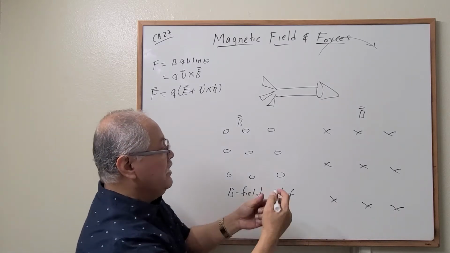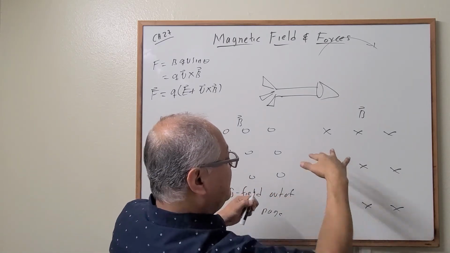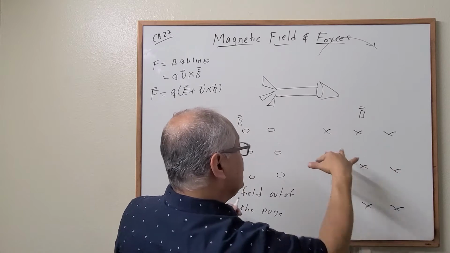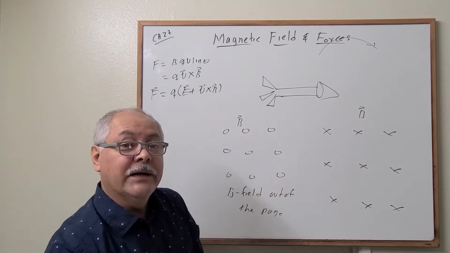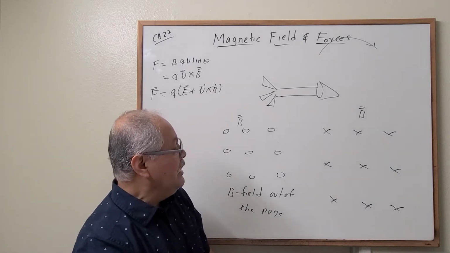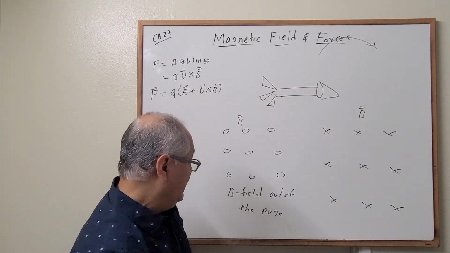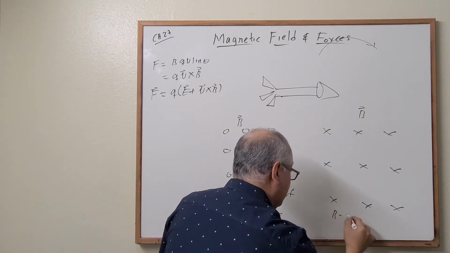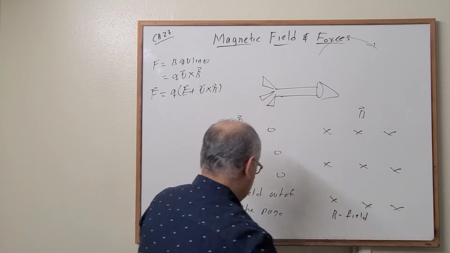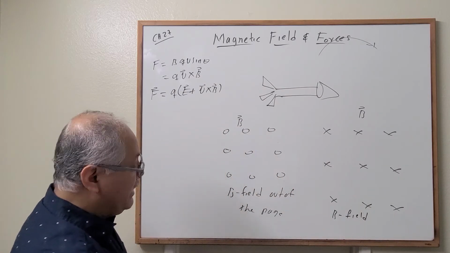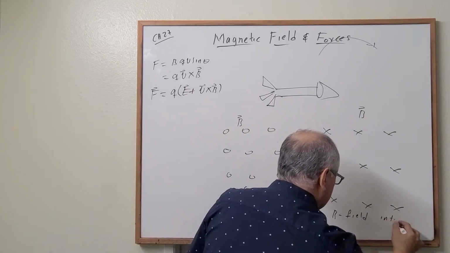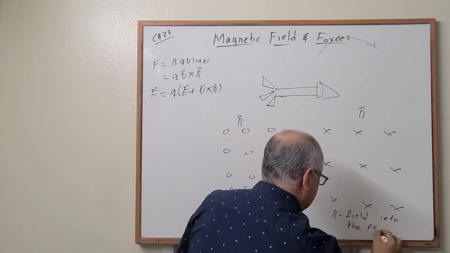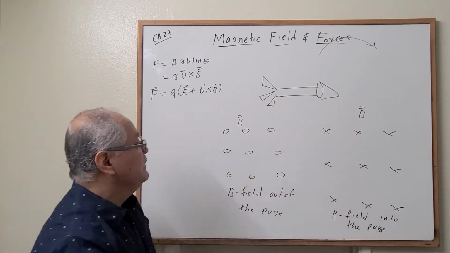One more time, we are right here, and we see the magnetic field going right into the board. So that should be the representation for the magnetic field, and this is the B field into the page, or the board in this case.